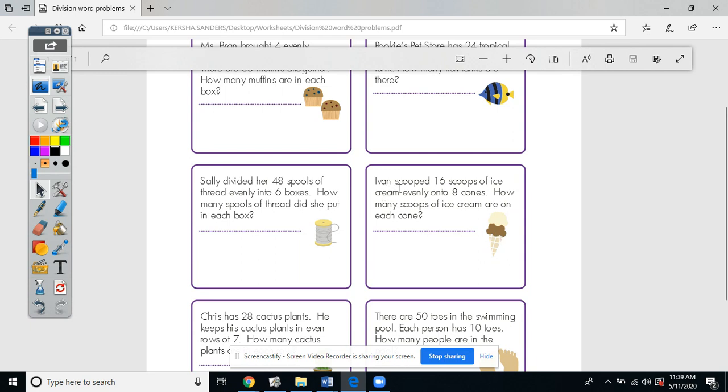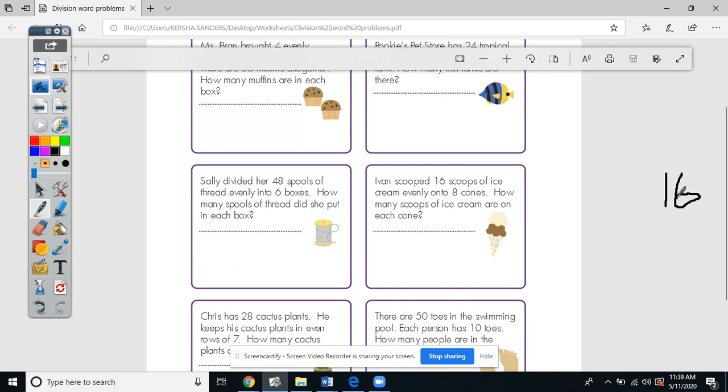Okay, it says Ivan scooped 16 scoops of ice cream evenly onto 8 cones. How many scoops of ice cream are on each cone? So altogether, he scooped 16 scoops of ice cream. That's our dividend.